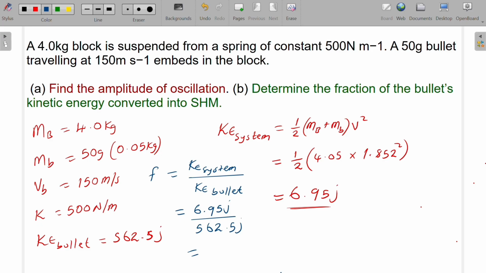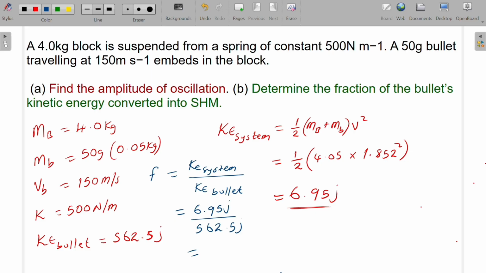And when we do that, we have 6.95 divided by 562.5.